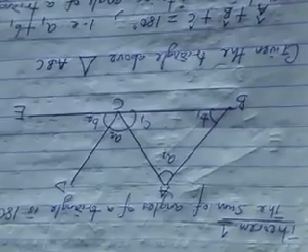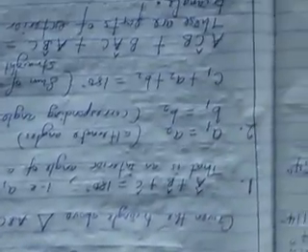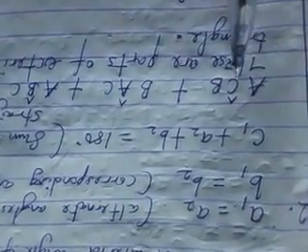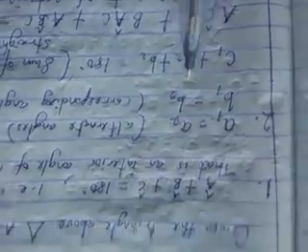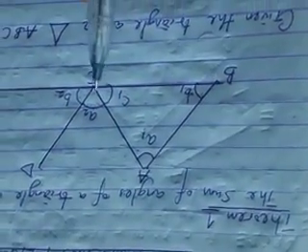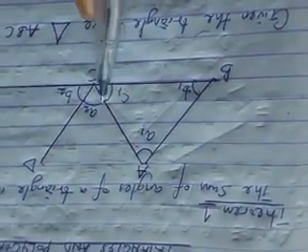Now, there's something I want you to also know. Looking at this too, if I say angle ACB, you go back to the diagram. Angle ACB, I'm talking about angle C itself.